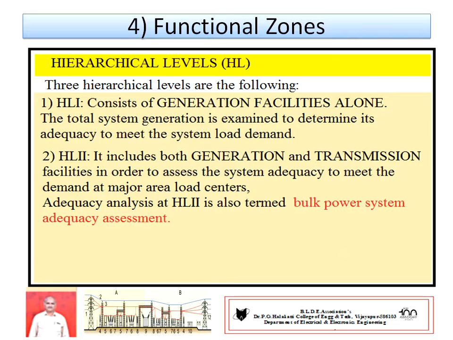This type of zone includes both generation and transmission facilities in order to assess the system adequacy to meet the demand at major areas of load centers. Adequacy analysis at HL2 is also termed bulk power system adequacy assessment.